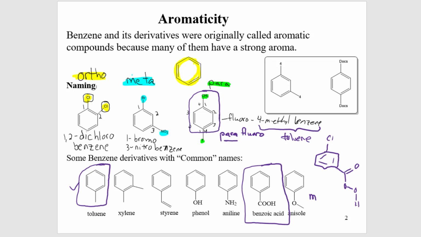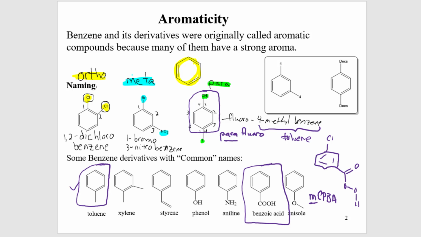Remember when you guys were talking about MCPBA, when we were epoxidizing double bonds? The M stands for meta. Metachloroperoxybenzoic acid. So they used sort of a grouped common name for the rest of it. But now you can go back and look at that MCPBA and understand that the M stands for meta.